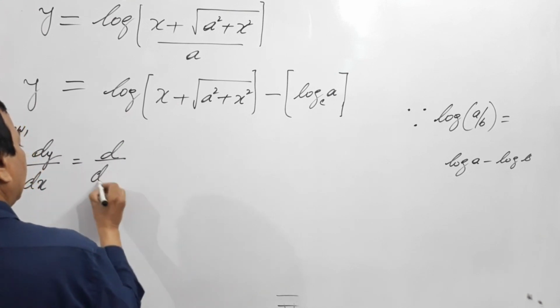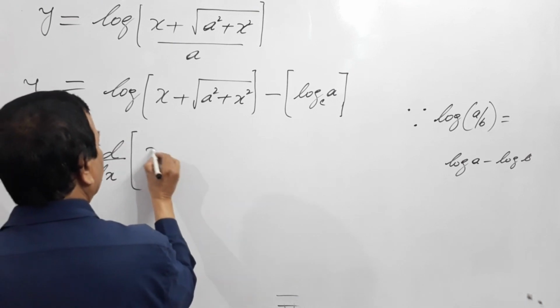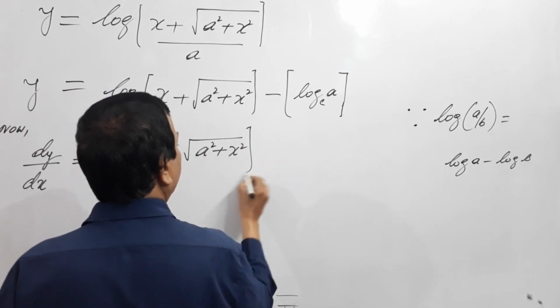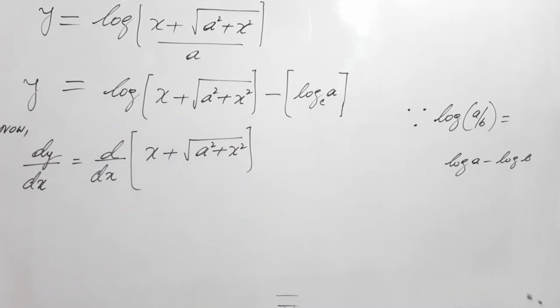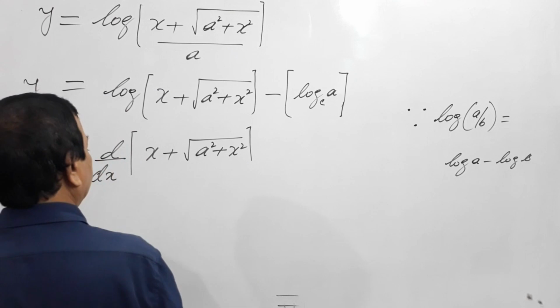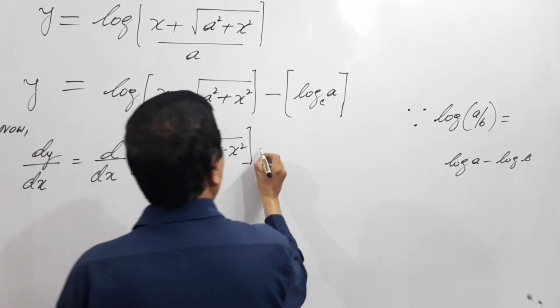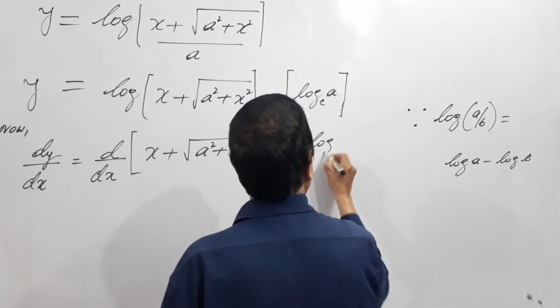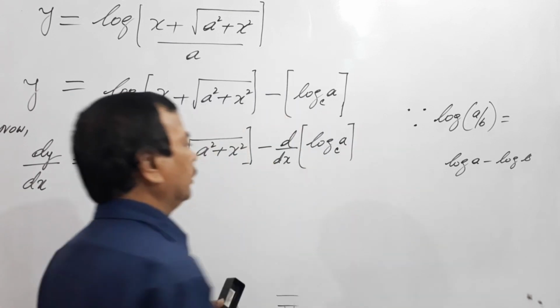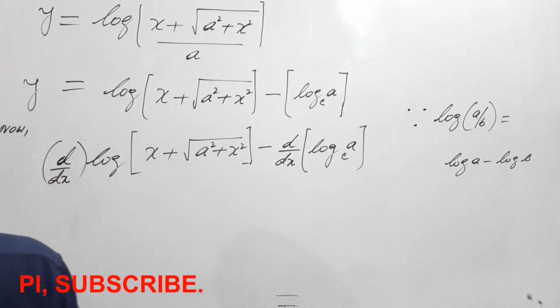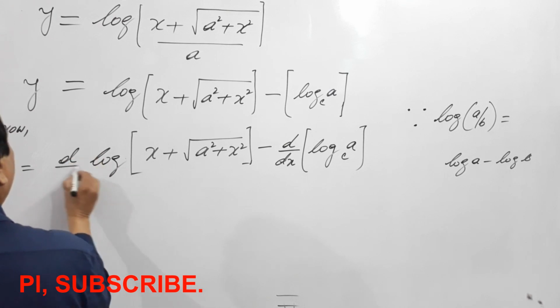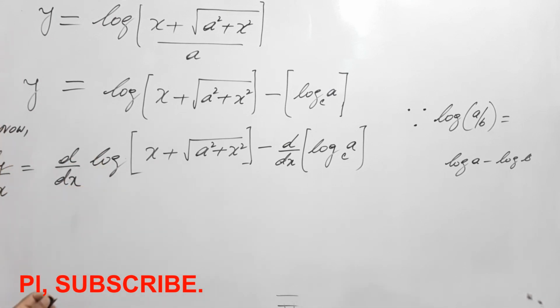d by dx of log of x plus under the root a square plus x square, minus d by dx of log a. So dy by dx equals d by dx of log this.